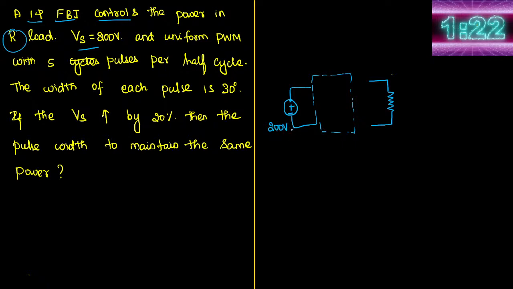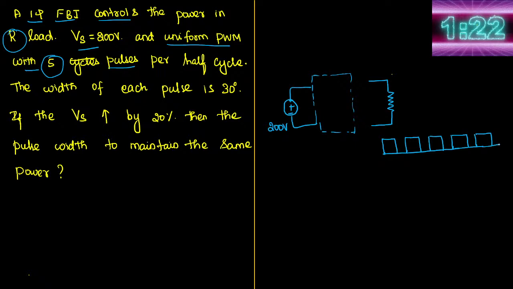Next, uniform pulse width modulation technique is applied with 5 pulses per half cycle. I hope you all know the meaning of this. We are considering one complete cycle, which means 360 degrees. Half cycle means 180 degrees. In the first 180 degrees, we receive 5 pulses.